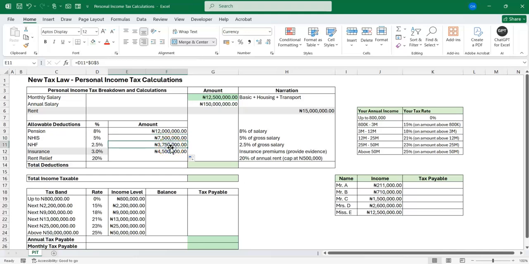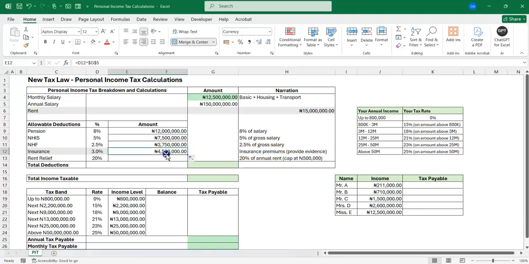And then NHF 2.5% annually, accumulating to 3.75 million naira. And then insurance, just an assumption that, okay, you subscribe to insurance premium. Like I said here, if you subscribe to insurance, you have to provide evidence. Evidence is needed to back it up.